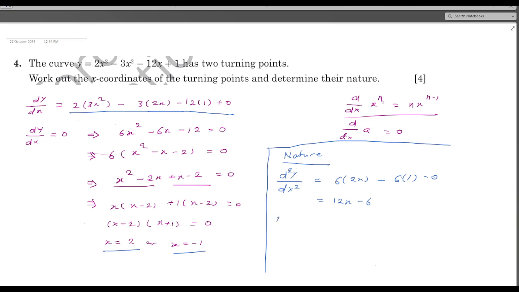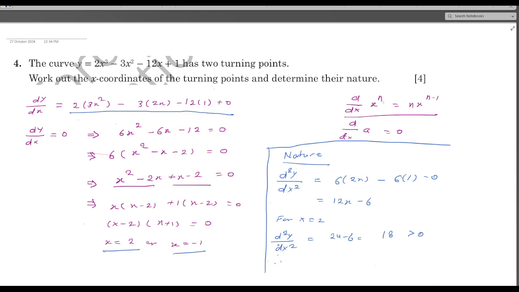Now for x equal to 2, we have d squared y by dx squared equal to 12 times 2, which is 24, minus 6, equal to 18. Now this 18 is more than 0, so this is the condition for a minimum point.